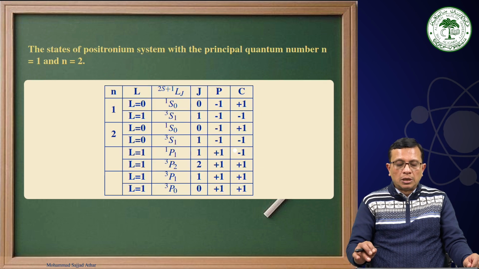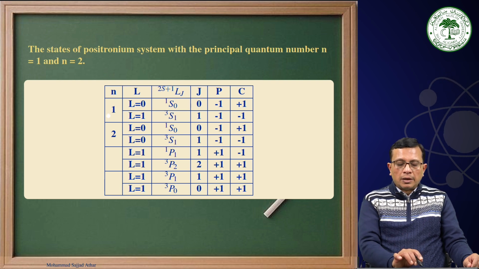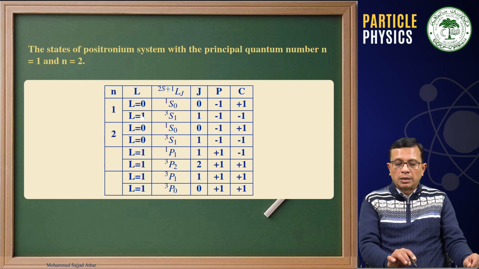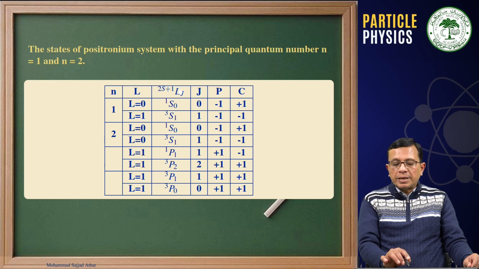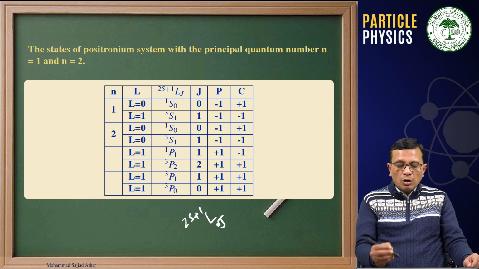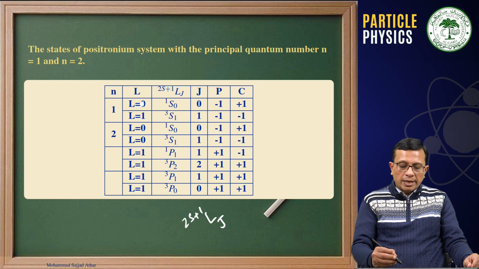Now, if we are talking about the positronium system with n equal to 1, we can get L equal to 0 or L equal to 1. The atomic state is represented in the general nomenclature by 2S plus 1, L, J. Now you notice L is 0, which represents an S state.